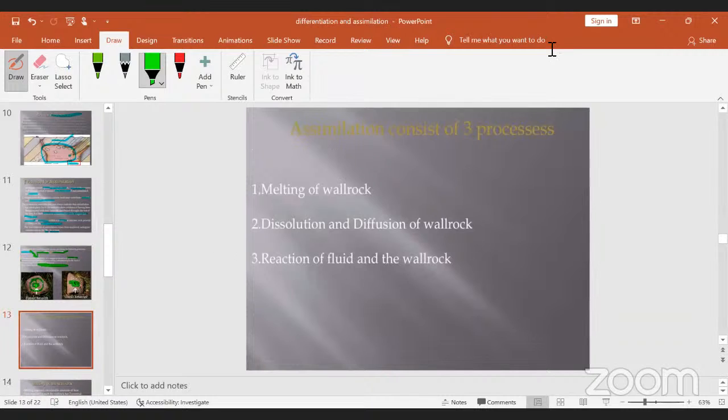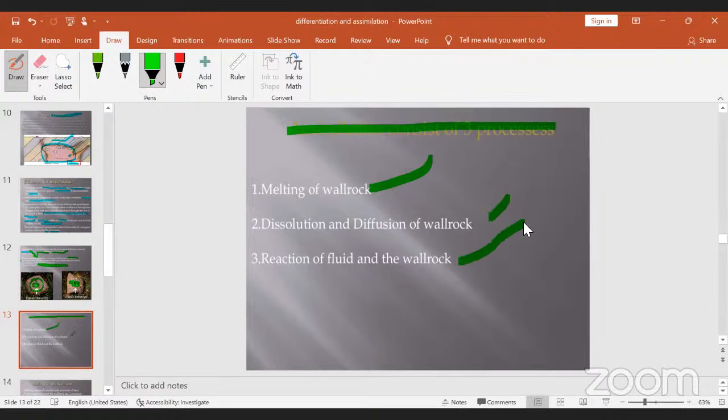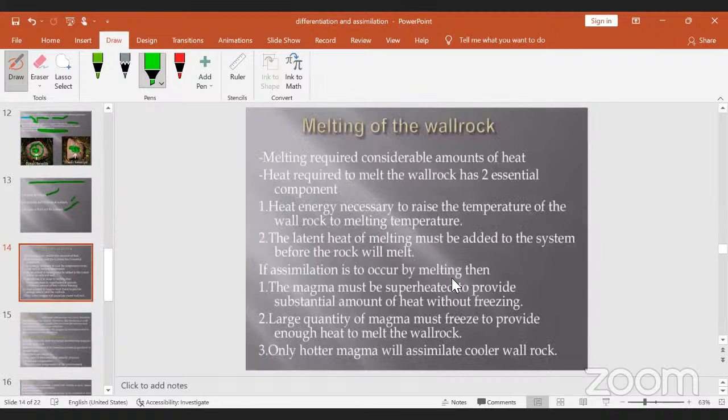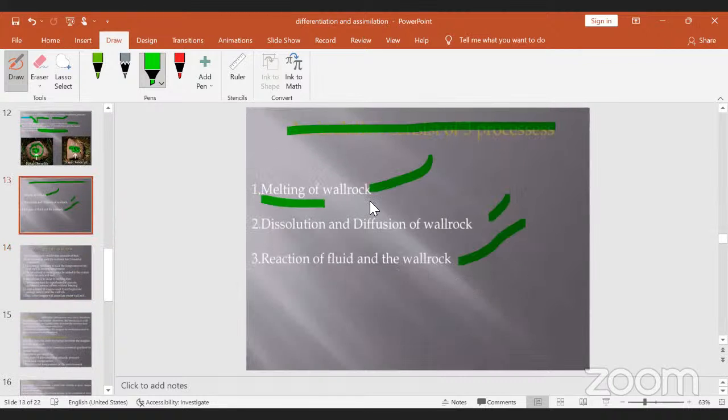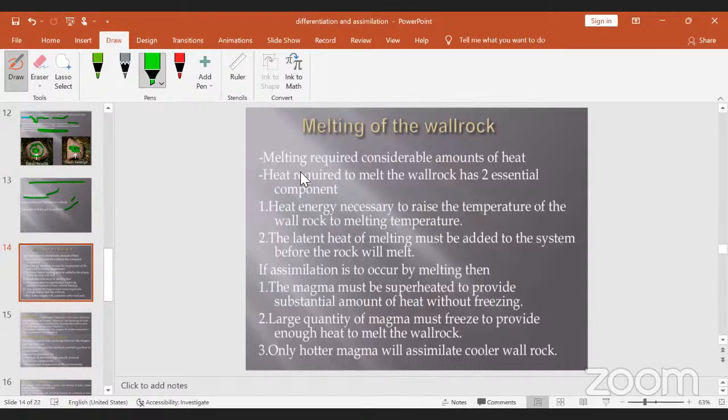So assimilation consists of three processes. What are they? Melting of wall rock, dissolution and diffusion of wall rock, and third, reaction of fluid and wall rock. So what is the melting of wall rock? Melting requires considerable amounts of heat, right?